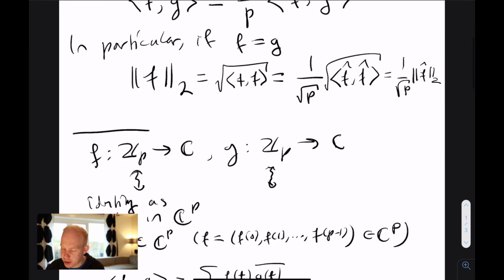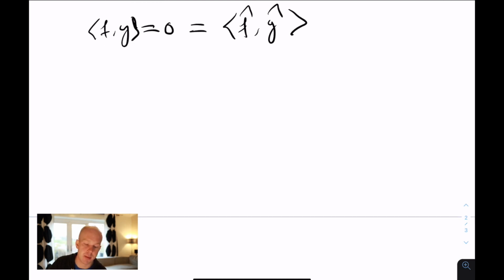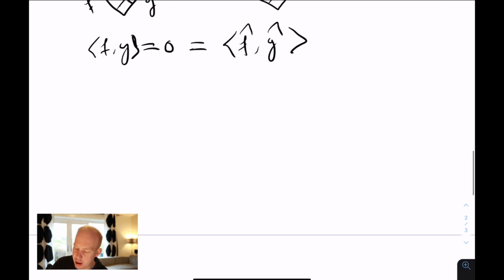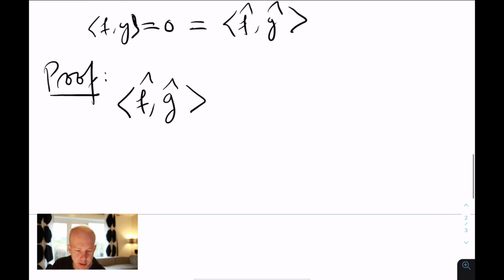And the usefulness of this comes in many applications, which we will see later on when we use the probabilistic method. But let's prove this now. So that's the last thing I wanted to say today about the proof. We start from the two functions f and g, and we actually start from this side.